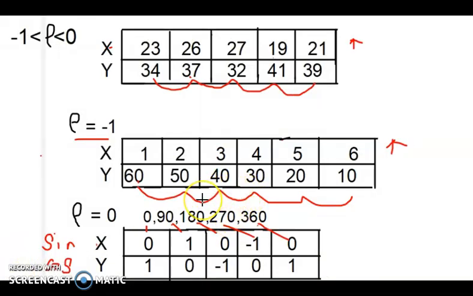And finally, we can conclude that if we want a strong negative correlation, the relationship between two variables is such that if one increases, the other decreases consecutively.